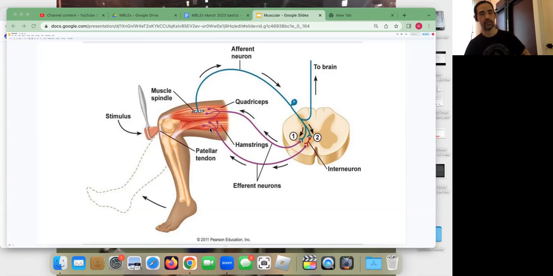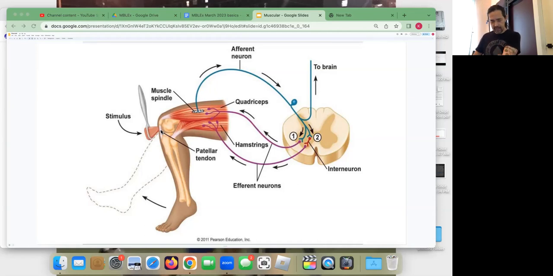Another place where you can see that is with the biceps and the triceps. I don't have my camera on now, so just look at your own bicep. There is a reflex at the biceps tendon as well that can be elicited through the same means, through tapping with the same kind of rubber hammer.